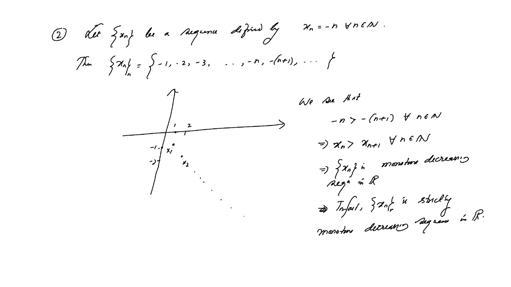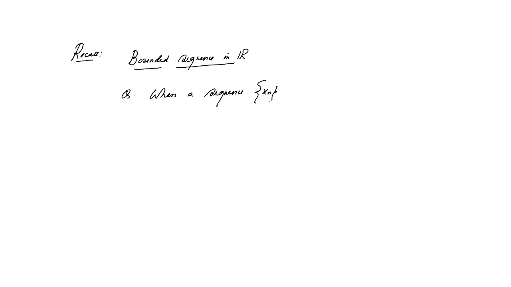Now we will move to another important concept. The concept is the bounded sequence, another important recall. Bounded sequence in R. Here the question is, when is a sequence xn called a bounded sequence?